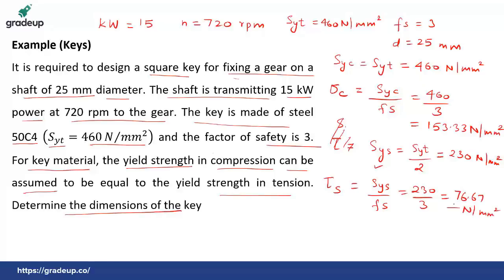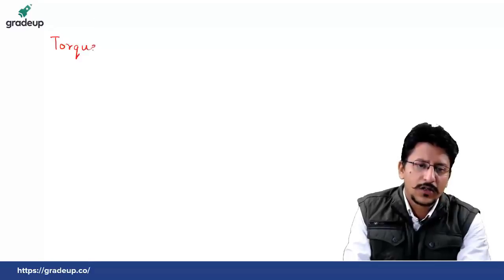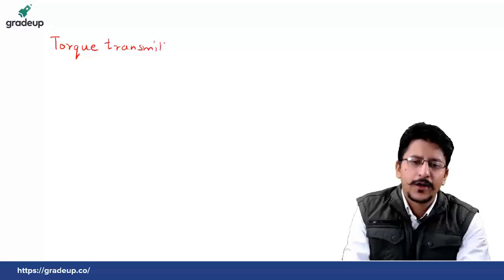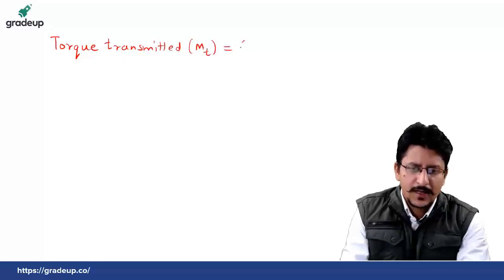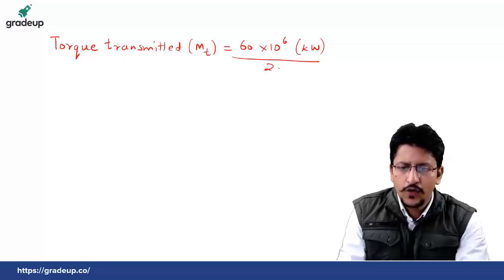These are the values of stresses, the compression stress and the tensile or shear stress that we have found out. Now, the torque transmitted is given by MT equals 60 into 10 to the power 6, times the power in kilowatt, divided by 2 pi n.